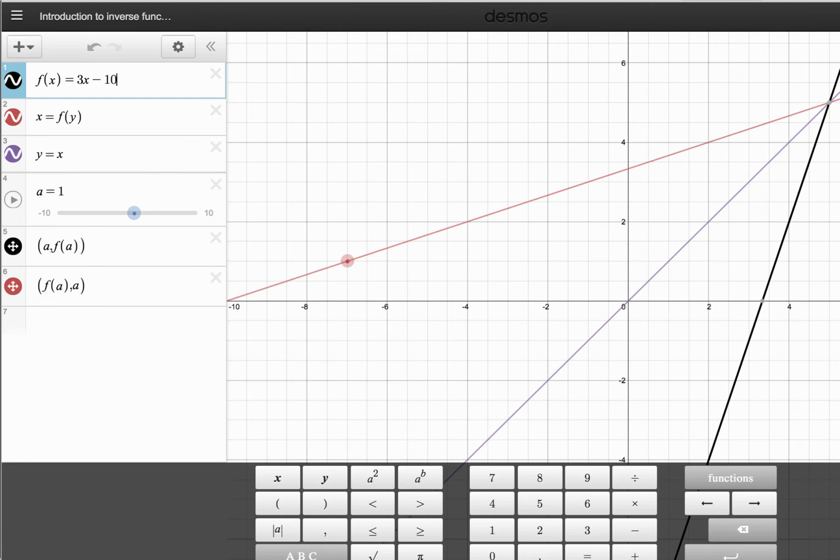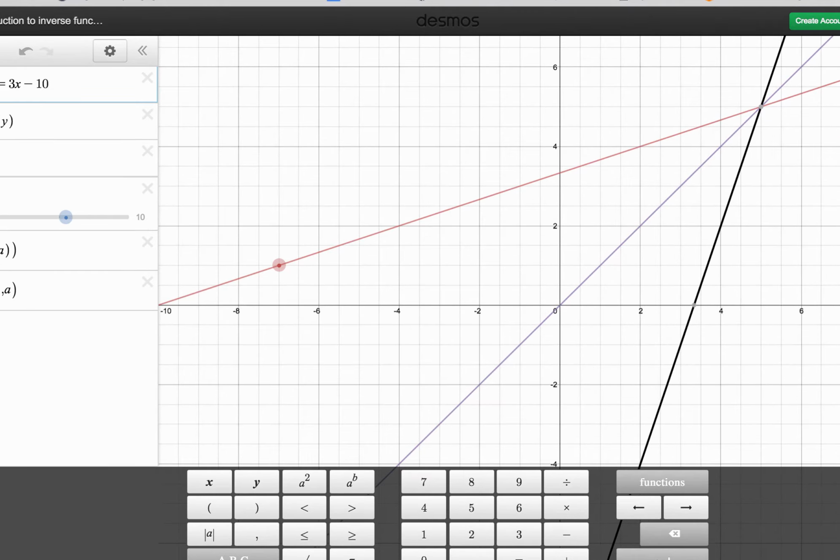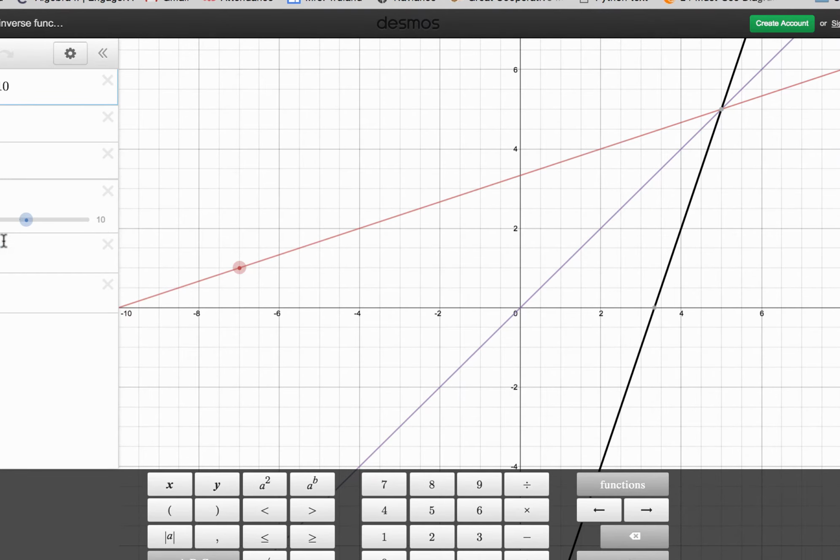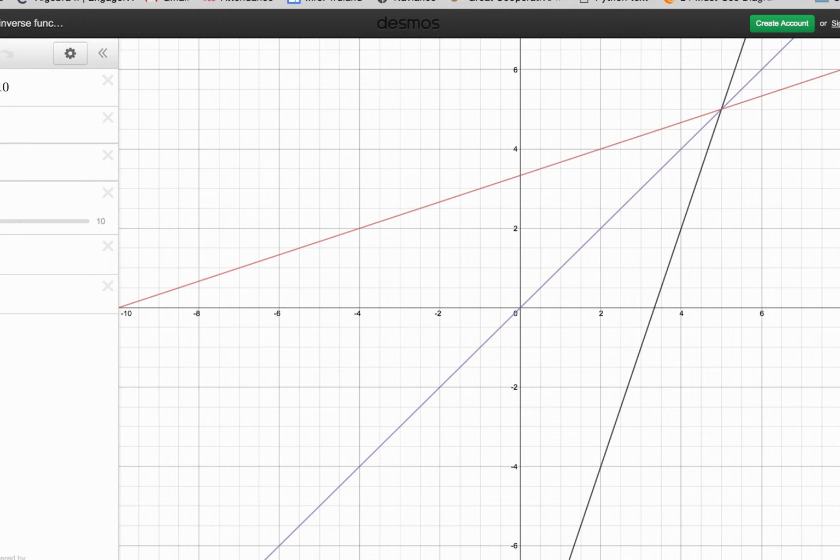There it is. I'm going to have to move the screen so you can see. But again, I can play with my little line over here. And well, the dots, there they are. That's the inverse. So this is my original, 3x minus 10. And then this red line was the inverse of that, x plus 10 divided by 3.